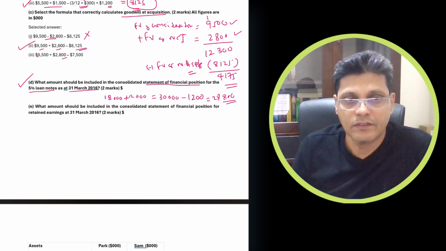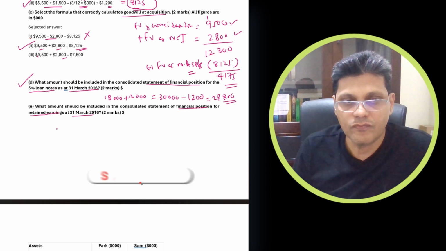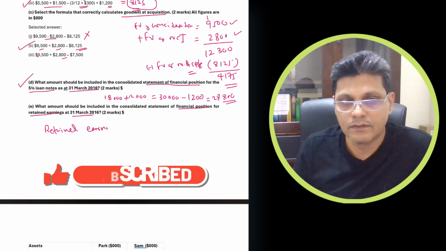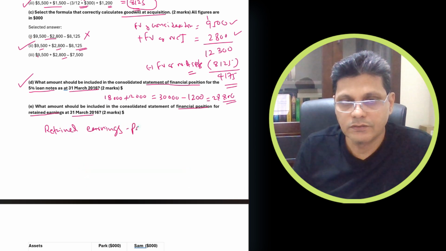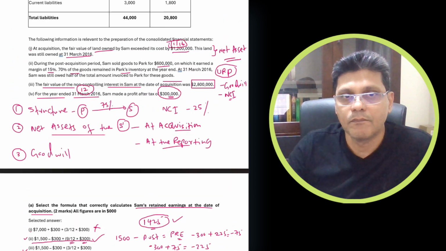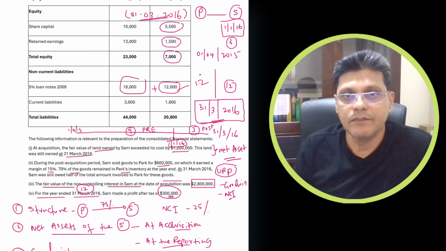Now the next question: what amount should be included in the consolidated statement of financial position for retained earnings at 31st March 2016? Now the retained earnings of Park is given, which is 13 million.